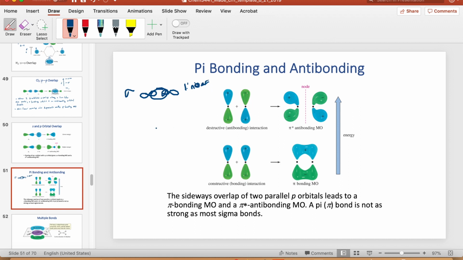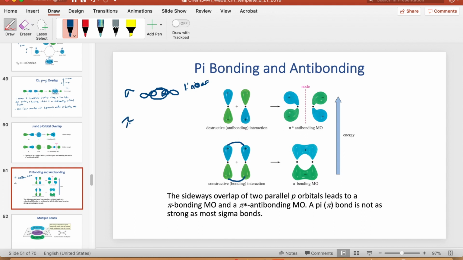This guy over here is the result of a different type of overlap. Notice that these guys are overlapping like so in this fashion, right? And so these are going to be either your Pz or Py that are going to overlap here. And so what you can see over here is we have this guy that's forming our pi bond. So this is a different type of bond than sigma.